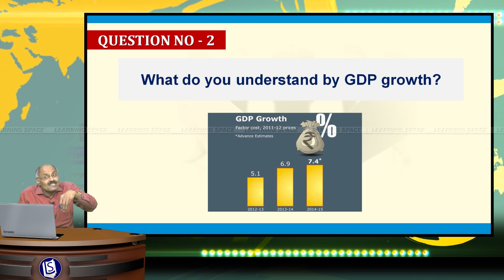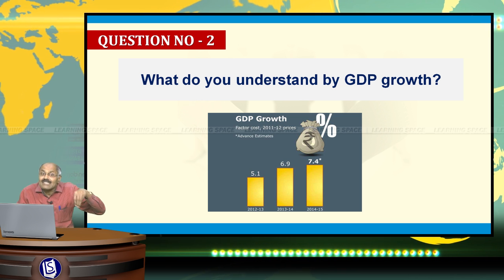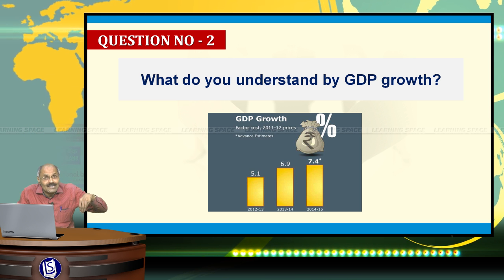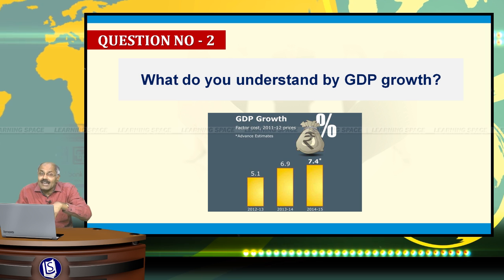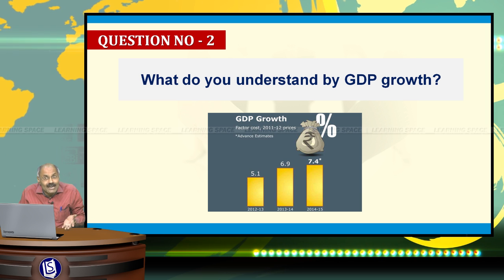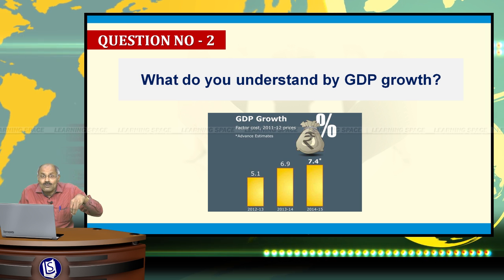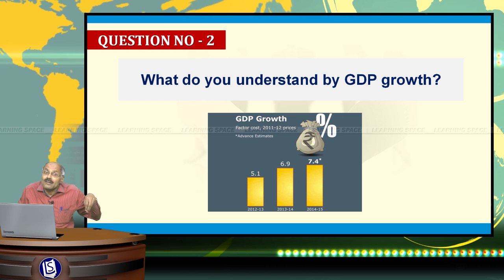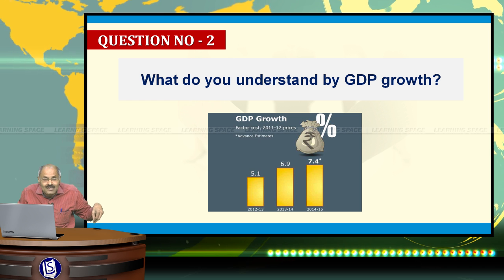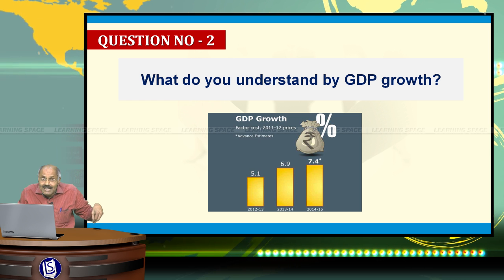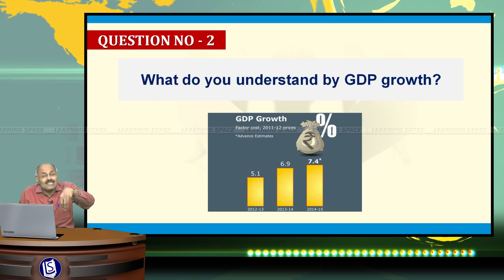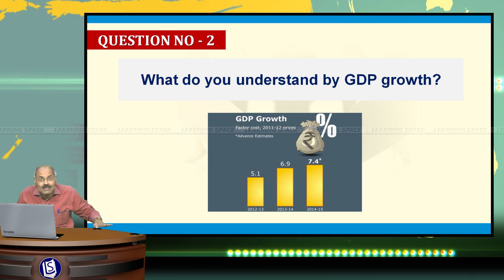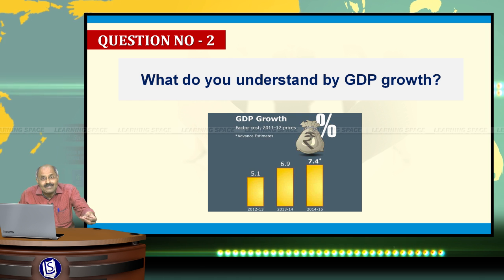And GDP figures are released by Central Statistics Office. They are released for 4 quarters, and at the end of the year, they are released for entire year as a whole. And GDP growth indicates whether the economy is growing or not. And normally, developing country like India expects a GDP growth of high figures, but developed countries will have GDP growth of 1%, 2%, 3%.